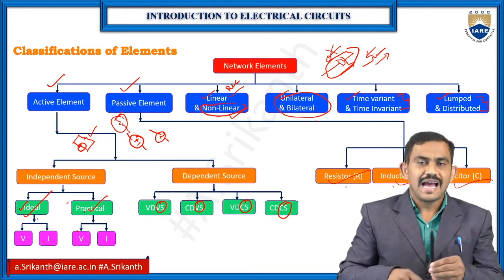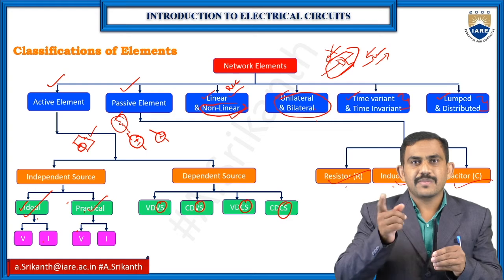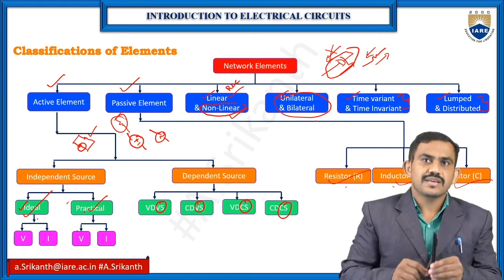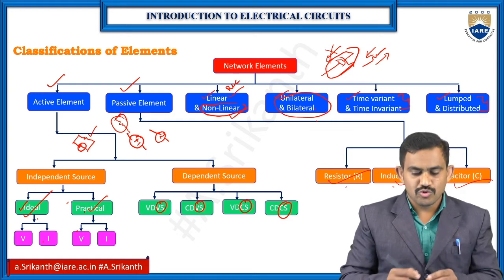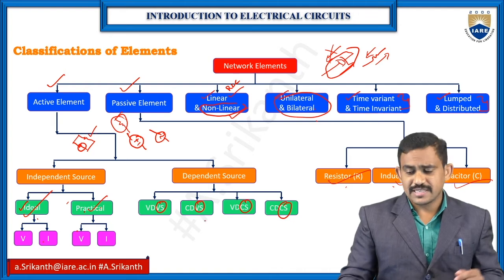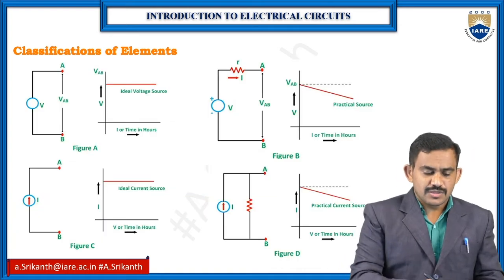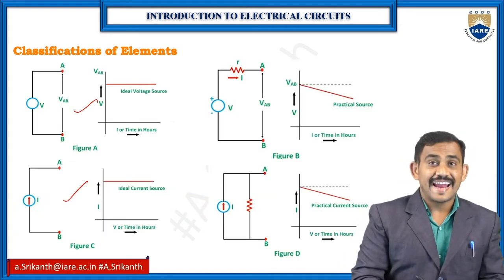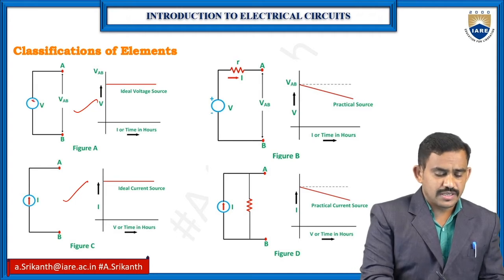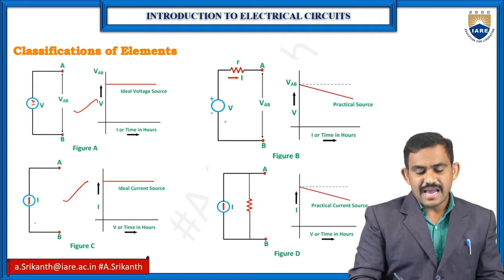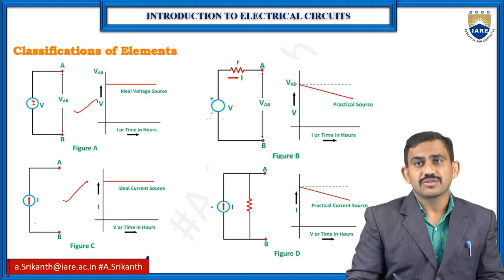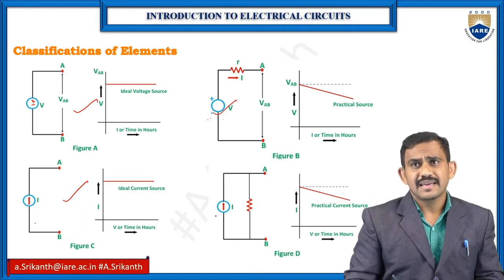So 2 plus 2 makes 4 sources. We'll check it now. For ideal and practical, these are the ideal voltage source and ideal current source, and the practical voltage source and practical current source.